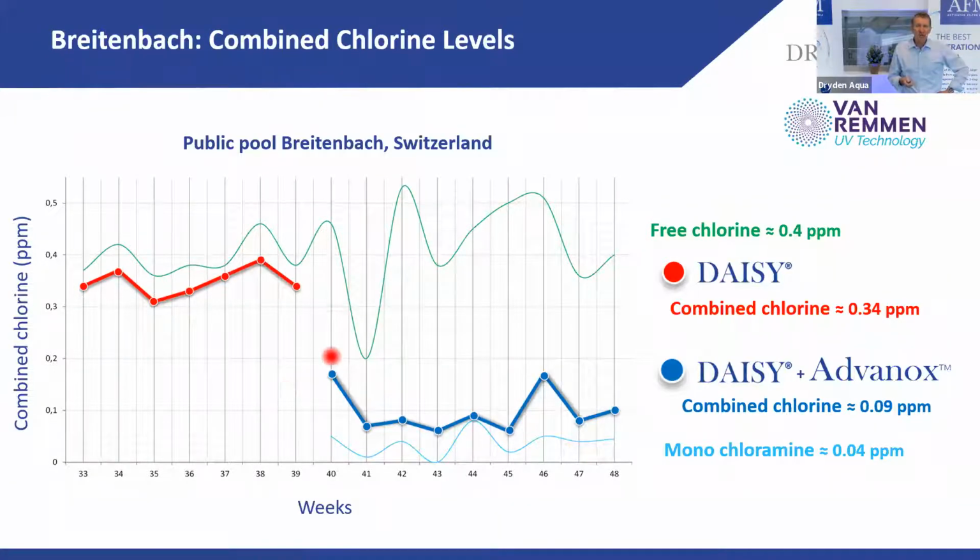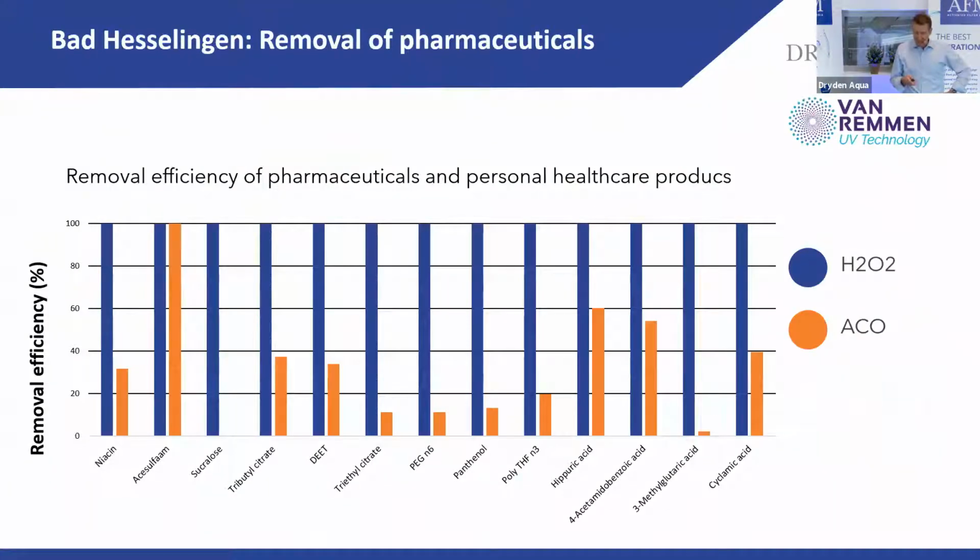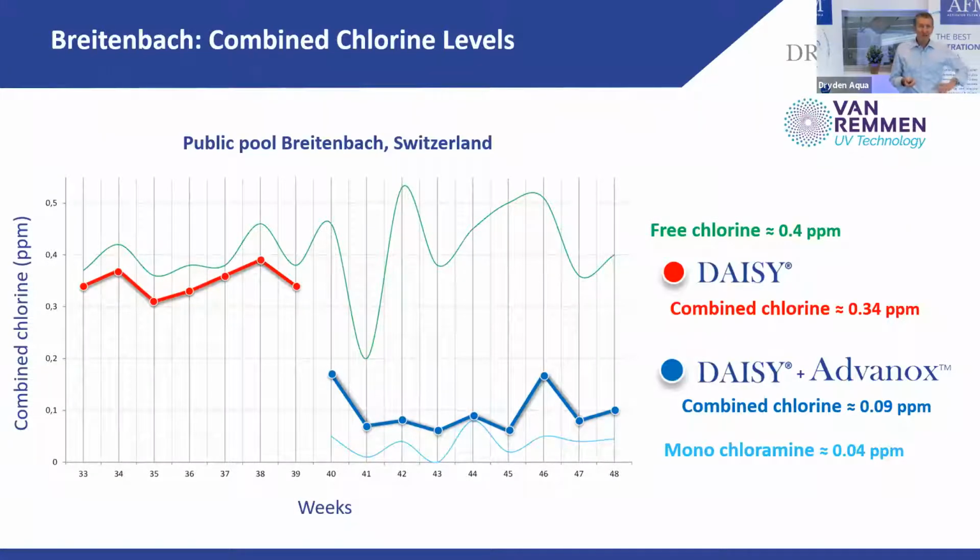After changing over to DAISY and Advanox, you can see that the combined chlorine level dropped to an average of less than 0.1. So this is the desired result. This is the proof that by adding the Advanox, we are able to get the combined chlorine level down to 0.1, or in this case, even a little bit less.